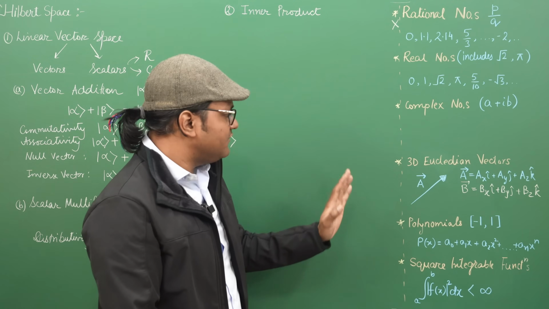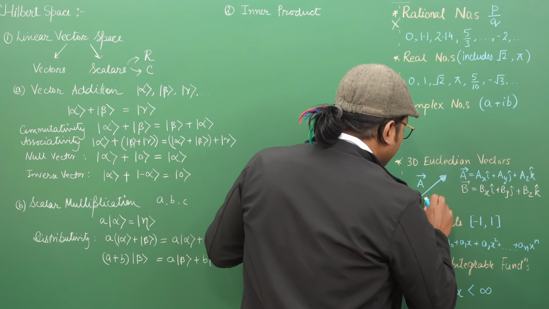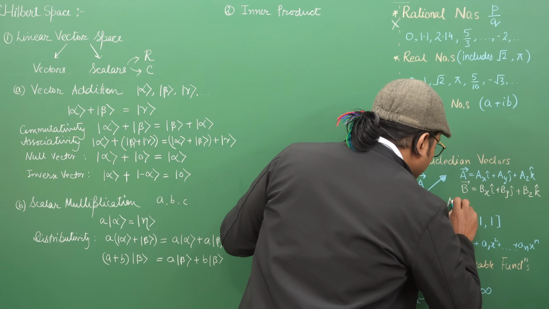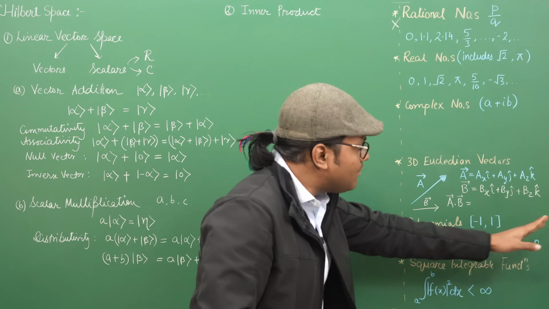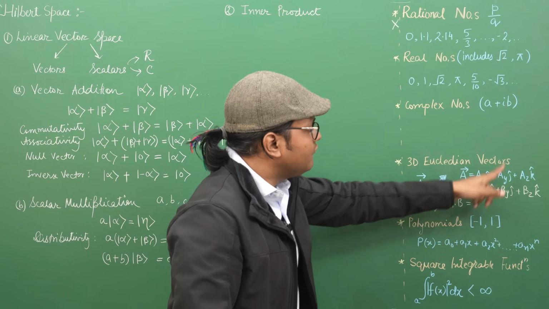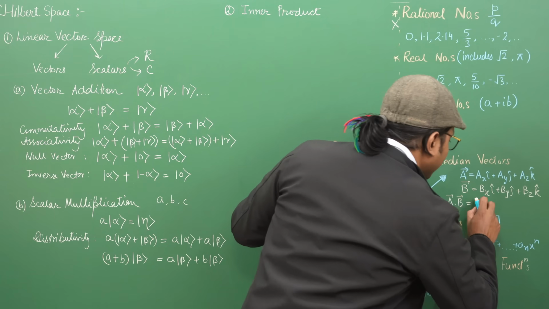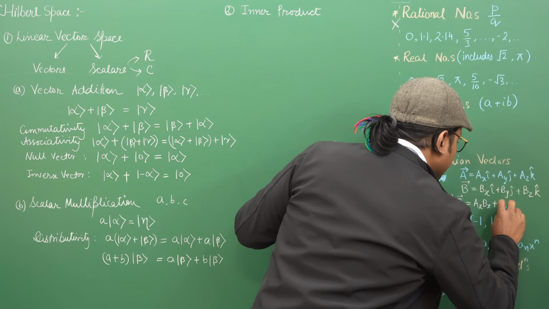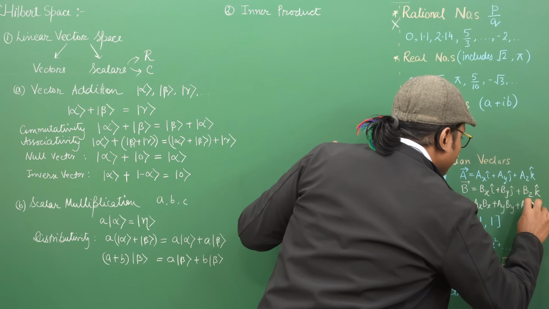So if I have two distinct vectors, let's suppose this is A and another vector B, then I can easily define A dot B, and you know that A dot B is essentially the sum of the product of the respective components of A and B along the x, y and z directions. So I end up getting AX BX plus AY BY plus AZ BZ.